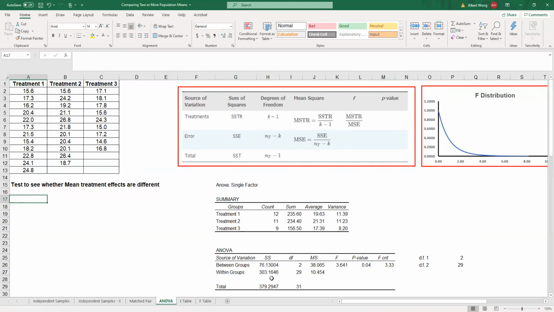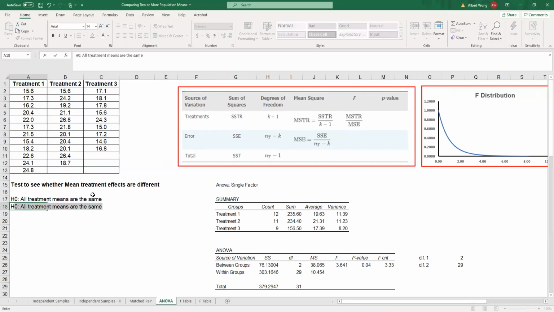So based on this output, we can do a 5-step process. The first step, of course, is to write down the null and alternate hypotheses. The null hypothesis for ANOVA is always that all treatment means are the same.